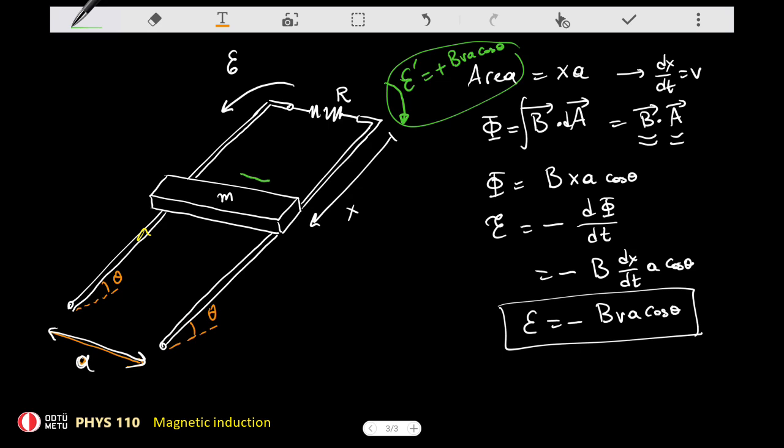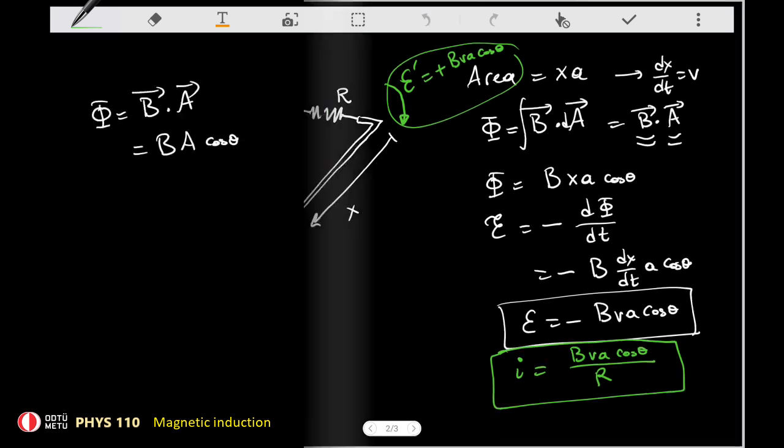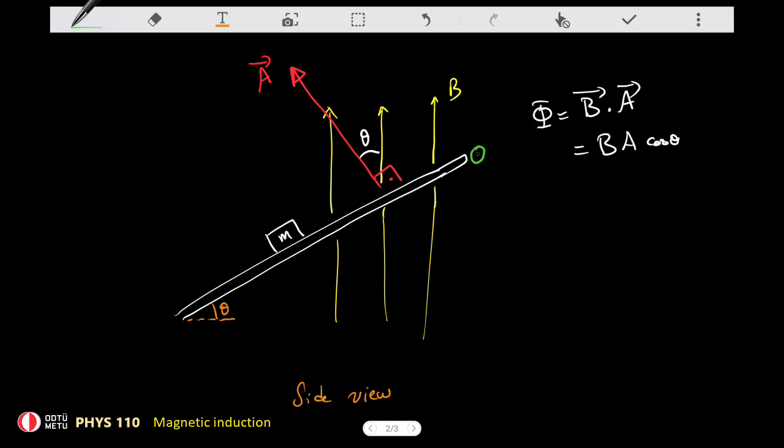So therefore, the value of the current along the direction of the green arrow is BVA cosine theta divided by R. Okay, so from the side view, we have a current which is coming towards us at the topmost point, and a current which is going into the screen at the place of the bar.